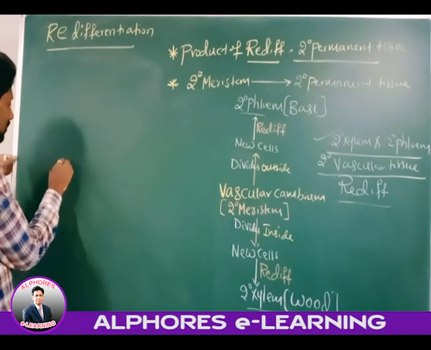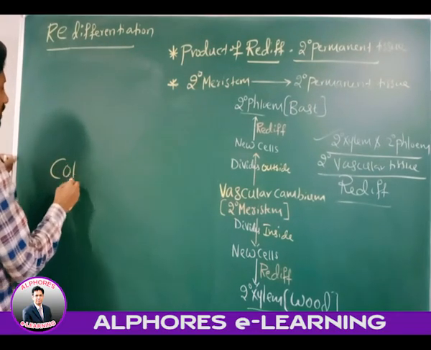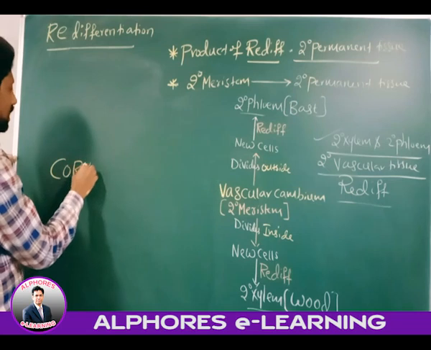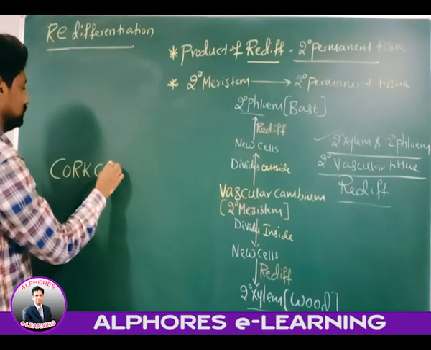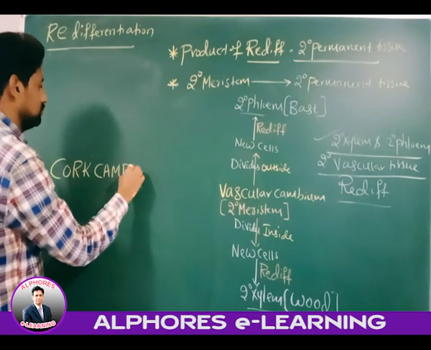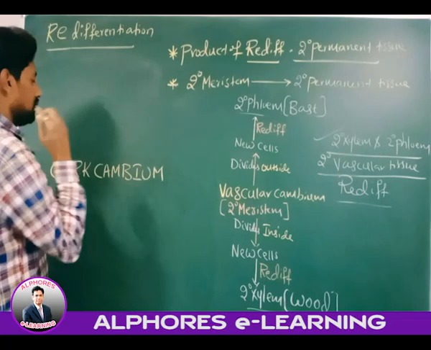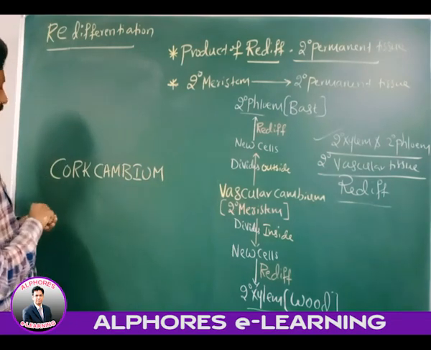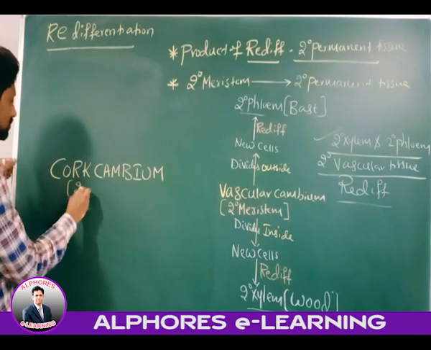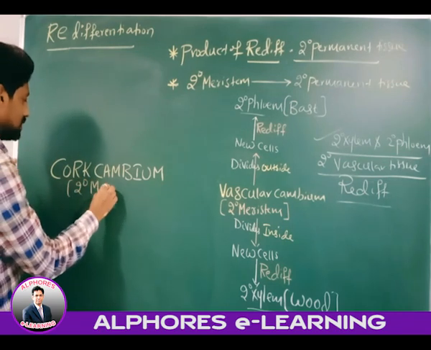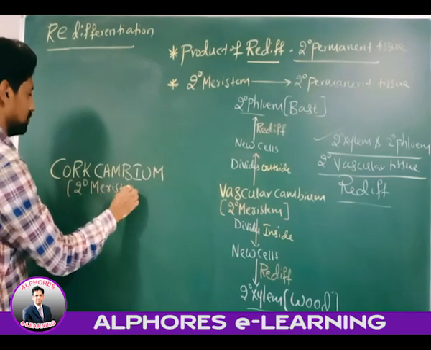Okay. Now take cork cambium. Sir, cork cambium is which meristem, sir? Cork cambium is a secondary meristem. Yes or no?